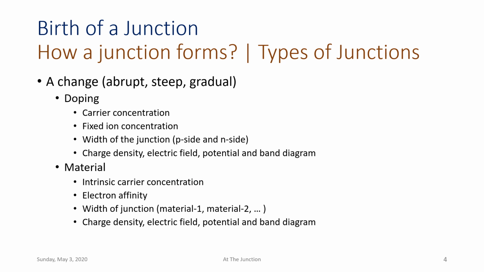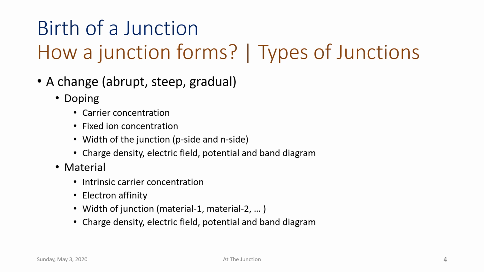So how does a junction form in a semiconductor? Well, it forms because of a change. That change could be abrupt, steep, or gradual. The change is in either the doping of the semiconductor or the material of the semiconductor.